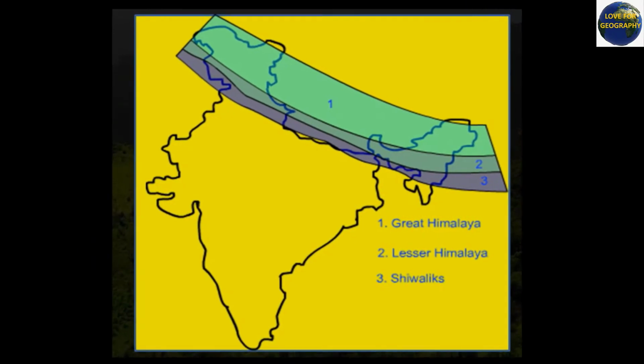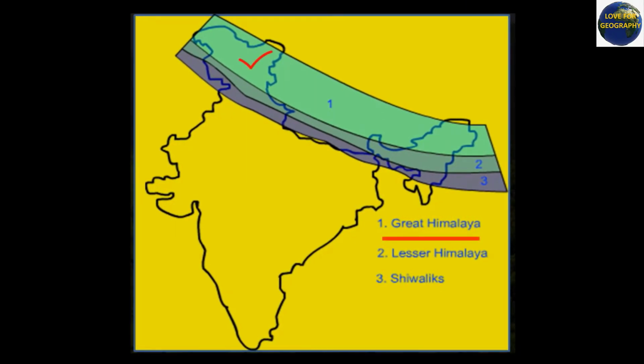They are Himadri, which is the Greater Himalaya. Then comes Himachal, which is the Middle Himalayas. Then comes Shivalik, that is the Lower Himalayas. Their altitude can vary from 900 meters to 8,000 meters above sea level.